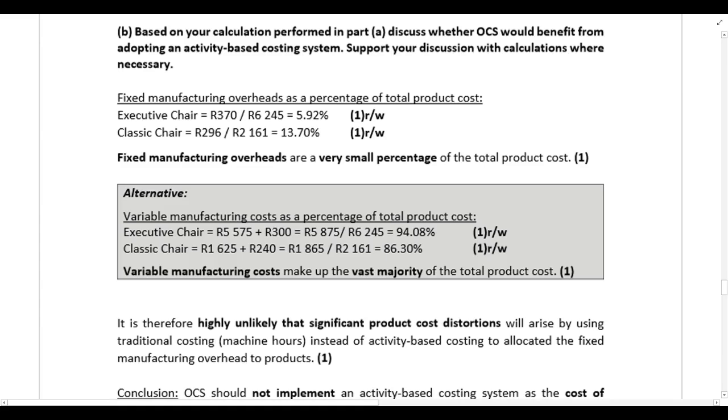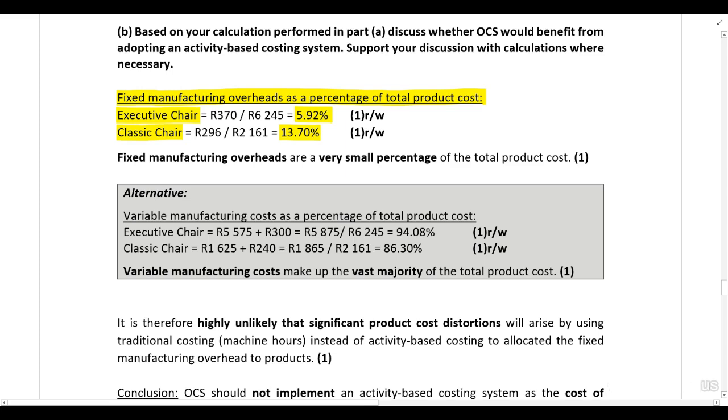So if we jump to the suggested solution, first, here's your calculation up front. You're going to calculate the fixed manufacturing overheads as a percentage of total product costs. And you can see for the executive chair, the fixed manufacturing overhead is less than 6% of the total product cost. And for the classic chair, it's less than 14% of the total product cost.